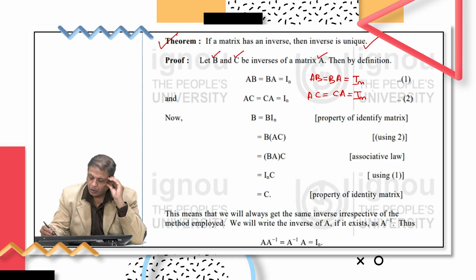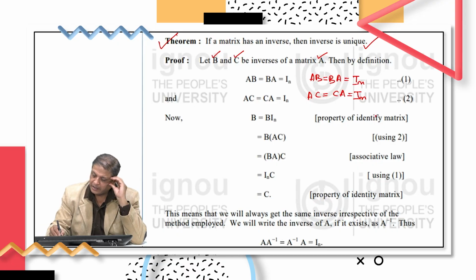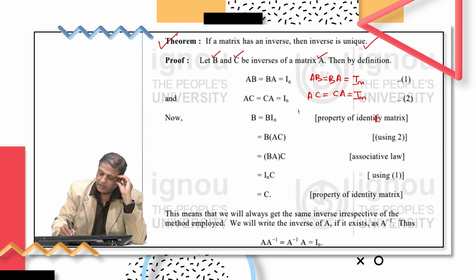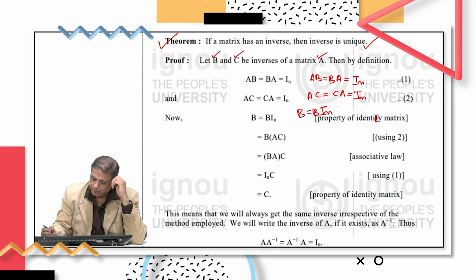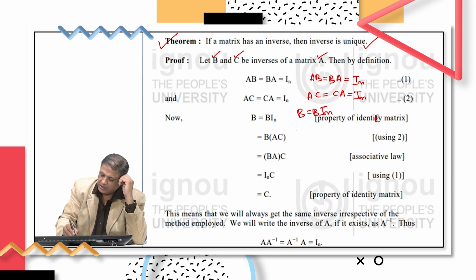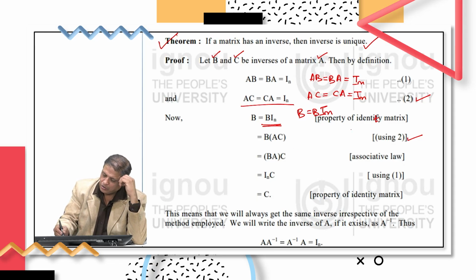Now the property of the identity matrix is that B is equal to B into In. If we multiply any matrix with an identity matrix, the matrix will remain the same, just as if we multiply any number by 1, the number will remain the same. By using equation number 2, In is equal to AC, which is equal to CA.